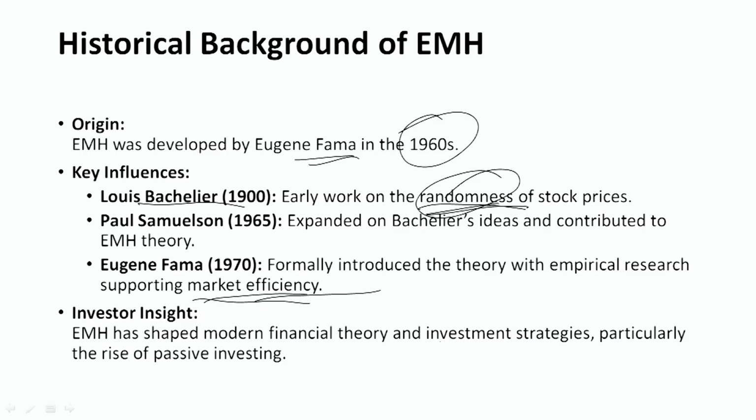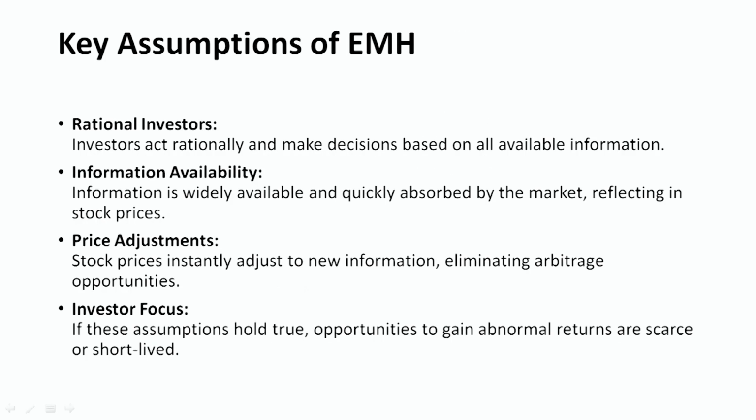So what do all these studies want to convey to the market? They talk about investment strategies and what financial theory has to be followed if you are trying to invest in stocks or shares. The assumptions based on which efficient market hypothesis works are divided into four broad categories. The first one says that the investors behave rationally.